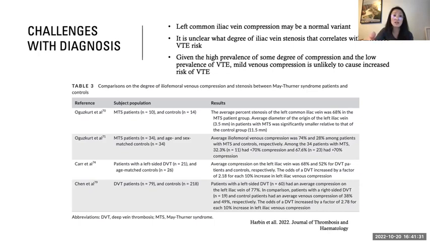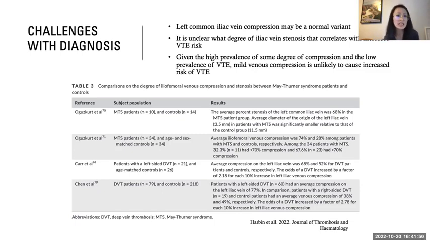Given the high prevalence of some degree of compression and those fibrous sheets or spurs forming, 22 to 25% in those earlier studies that we talked about, and the fact that the prevalence of VTE is much lower than that, right? I mean, we think that probably mild venous compression is unlikely to cause increased risk of VTE.